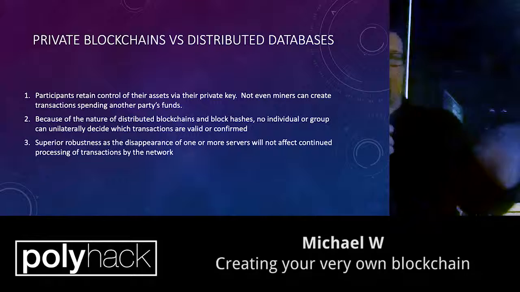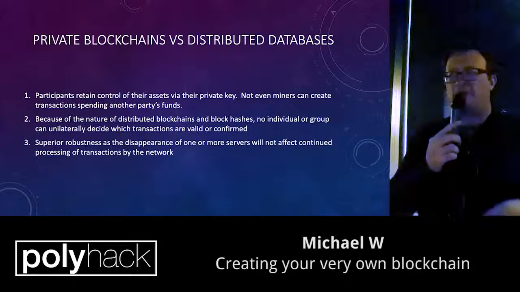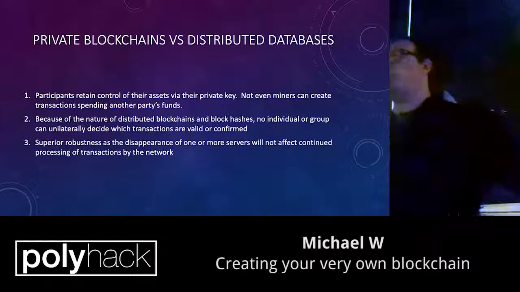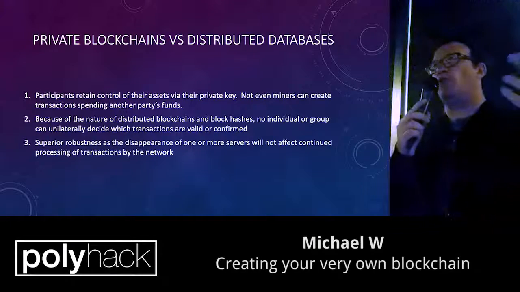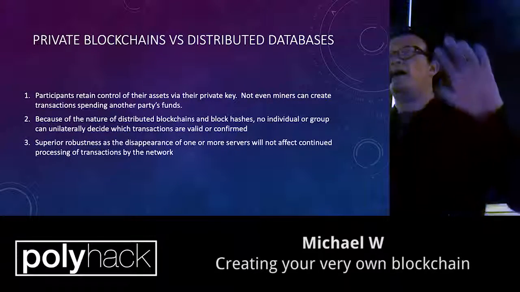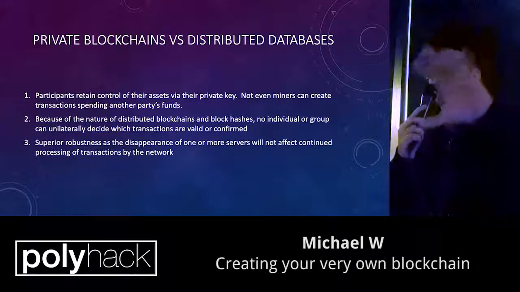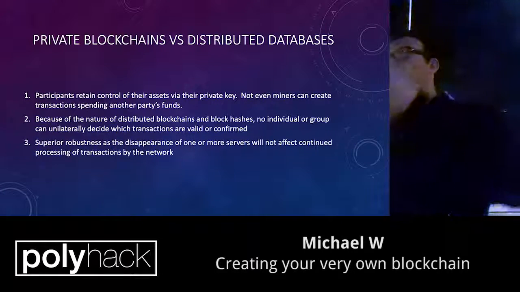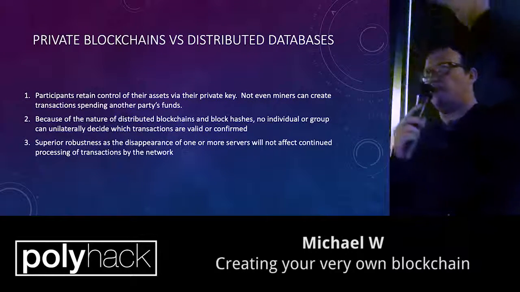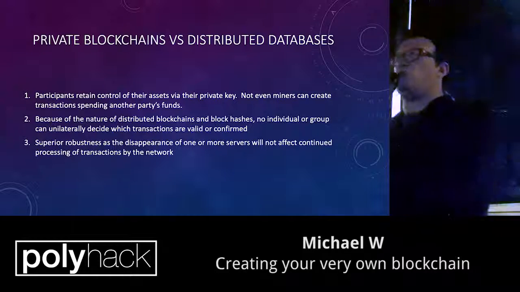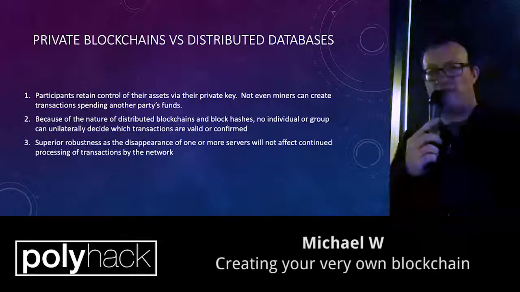Also, the third point is superior robustness, because if a server disappears, we don't really care. Once the server is brought back up, there's going to be an algorithm which says, okay, this is the most up-to-date ledger. Therefore, this is what you need to abide by, and this is what you must have.